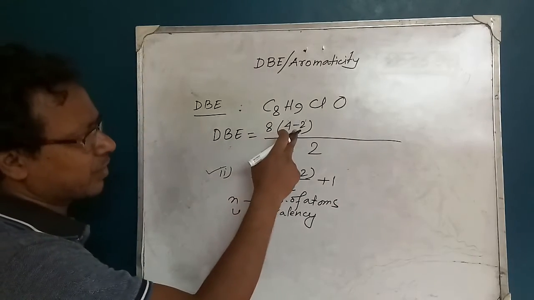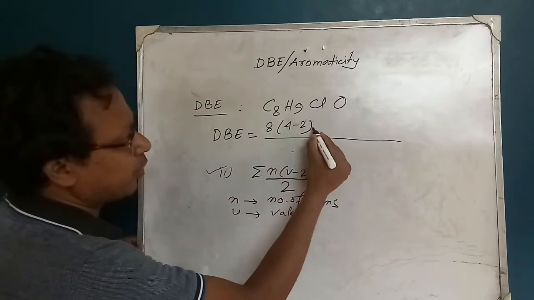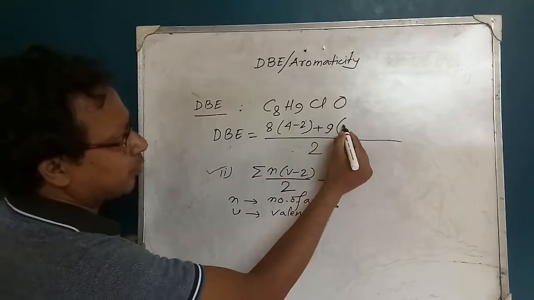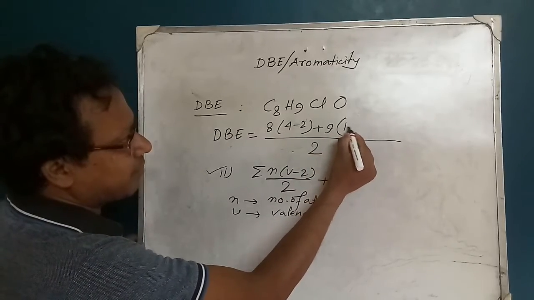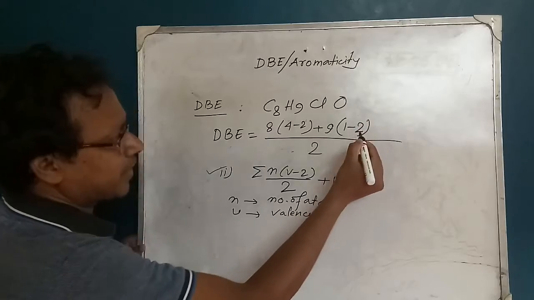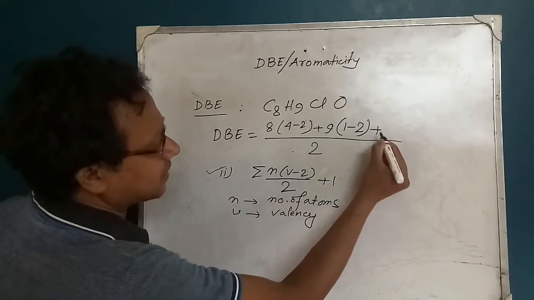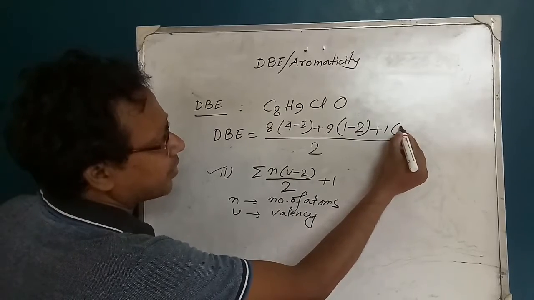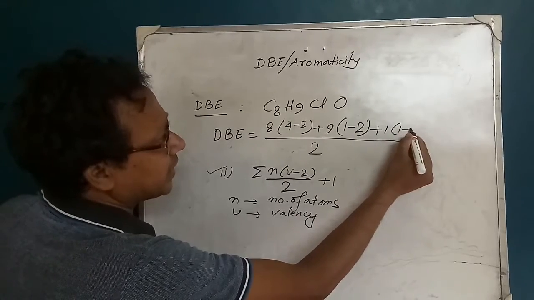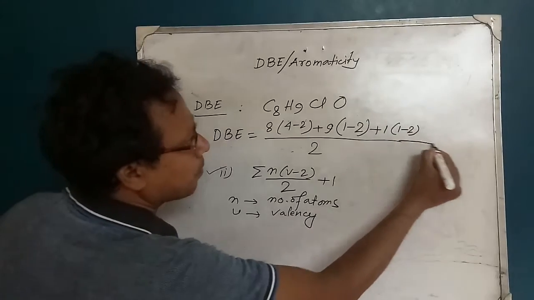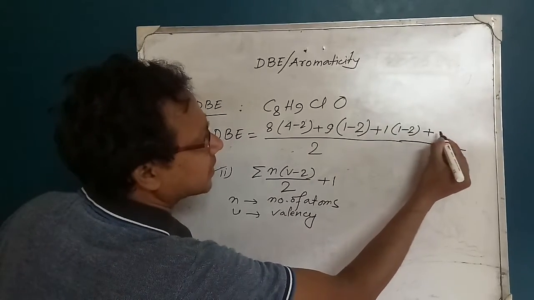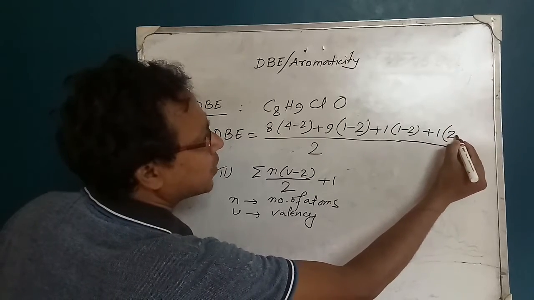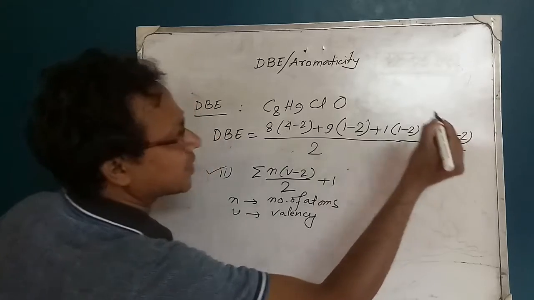For hydrogen, it will be 9, valency 1, minus 2, plus Cl 1, valency 1, minus 2, plus O 1, valency 2, minus 2.